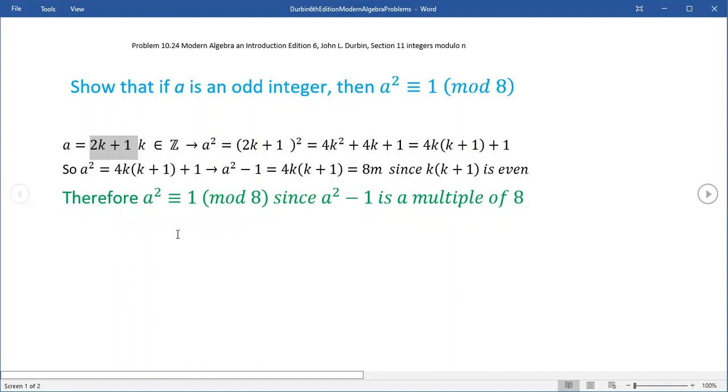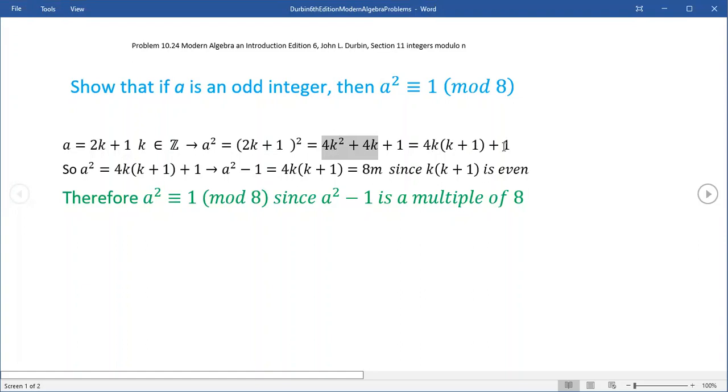Carrying on, if a is equal to this, then a squared is equal to 2k plus 1, quantity squared. I didn't show you all the work, but when you expand this out, you get 4k squared plus 4k plus 1. Sometimes just factoring part of the expression is useful. If you factor out a 4k from both terms, you get 4k times the quantity k plus 1, plus the 1.